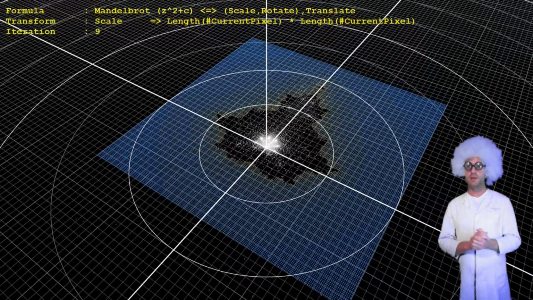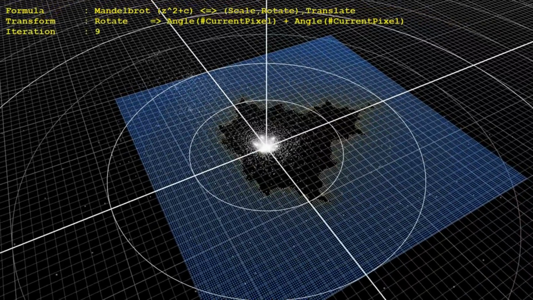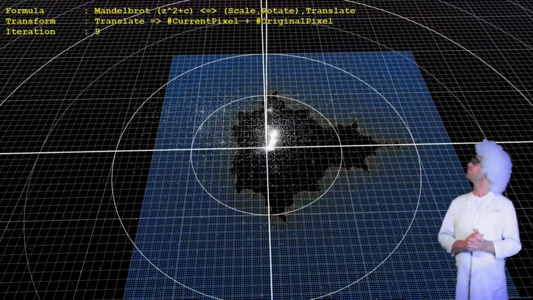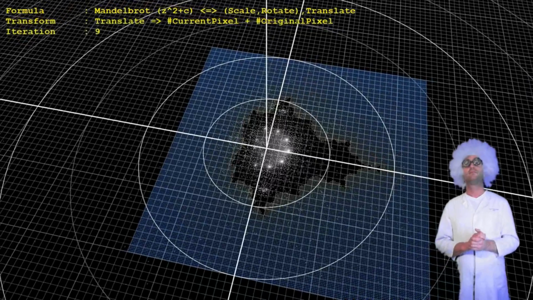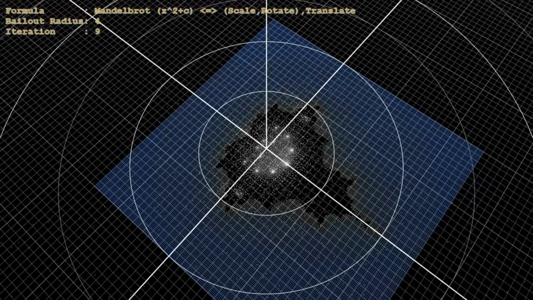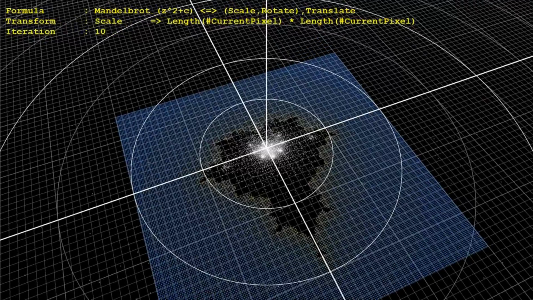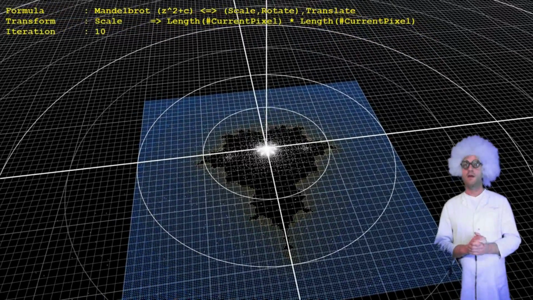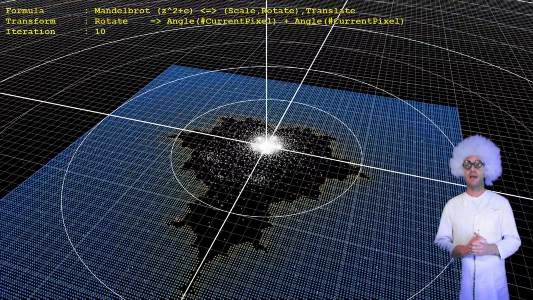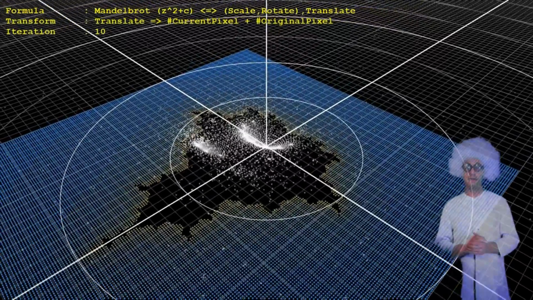Points with a distance below 1 move to the center. Positive x-axis do not move at all, because the angle is 0. Points on the negative x-axis move by 180 degrees.